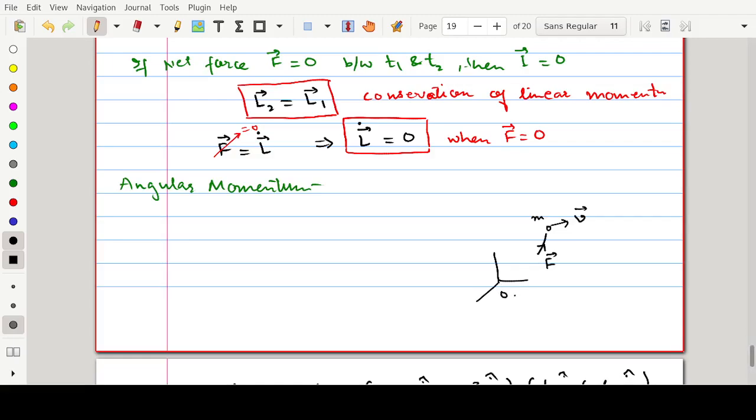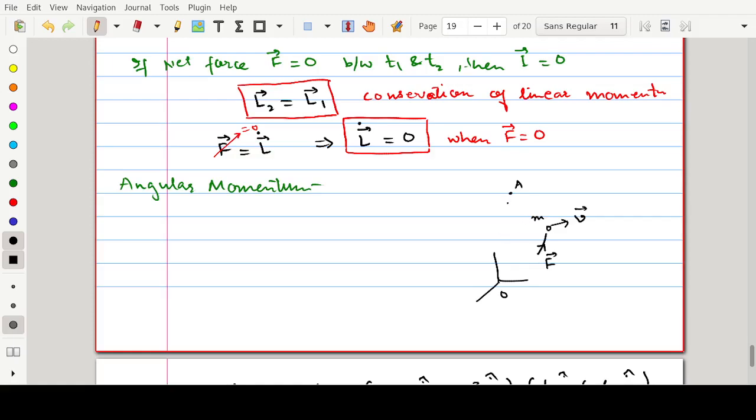So here is my origin, and now suppose I take some point A, which is my reference point. It can be fixed or moving, we will see.